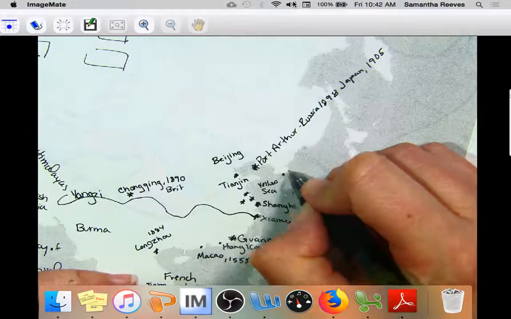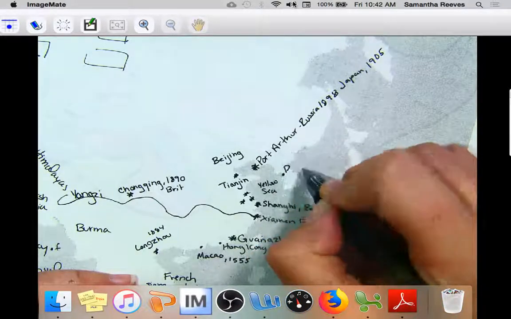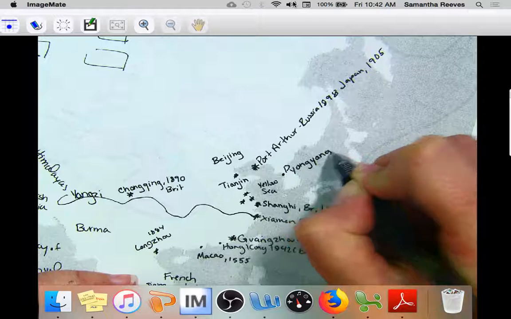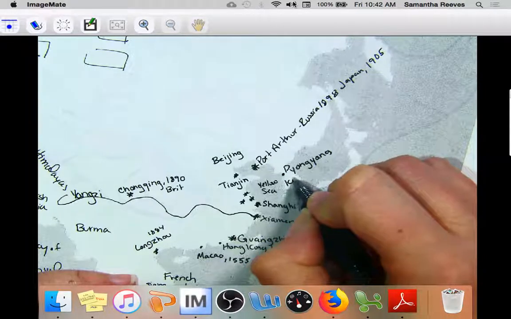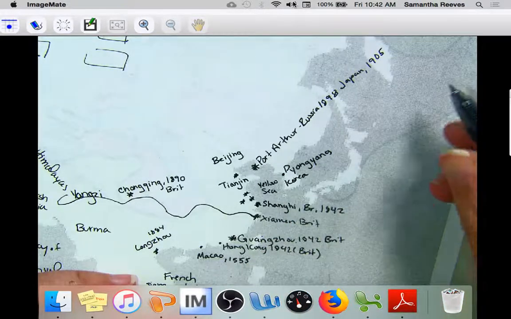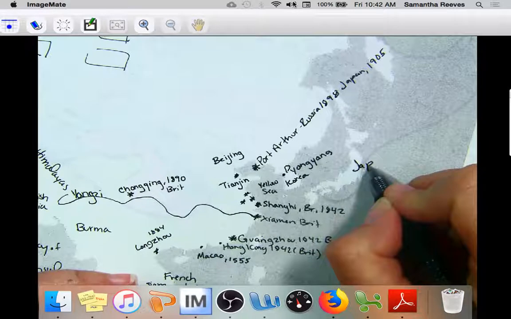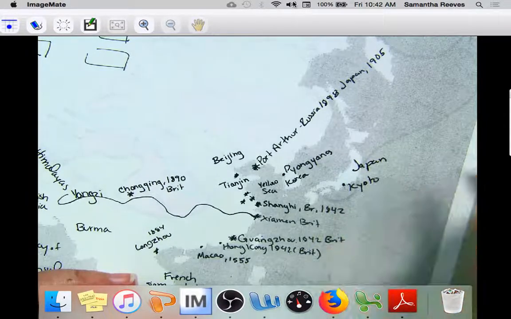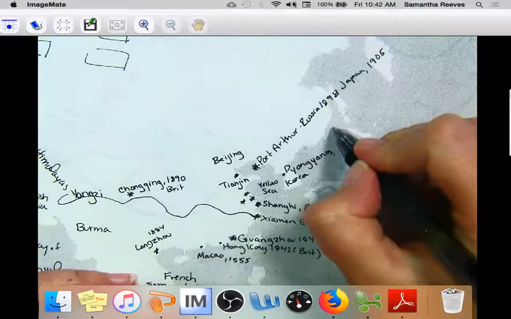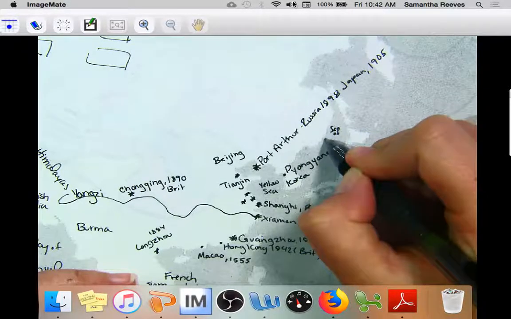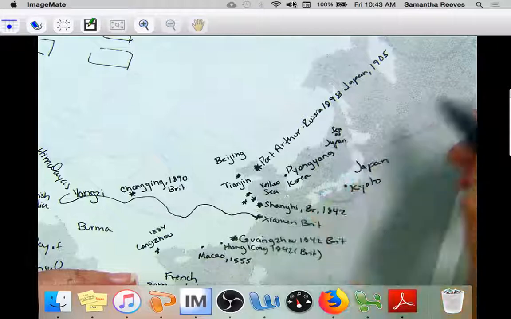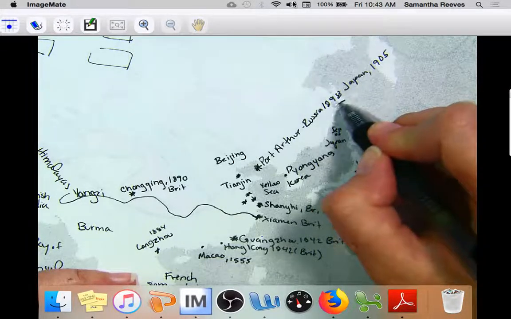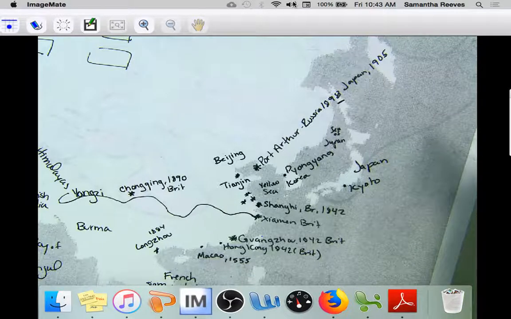Right here we have a city, Pyongyang, and this is, of course, Korea. We have Japan. Here's Kyoto. This is your Sea of Japan. Now right here on this little island, we're going to divide it in half right now because it will help us later.